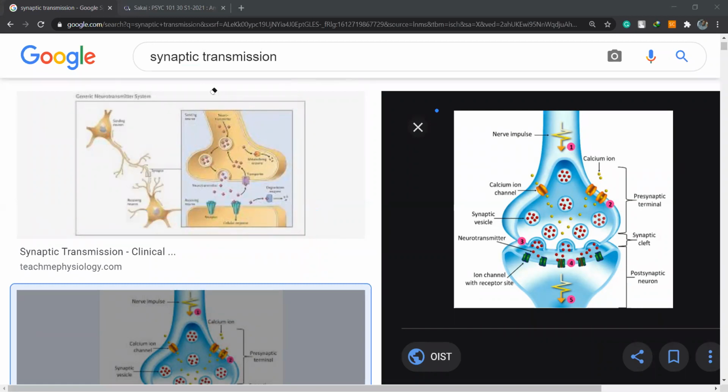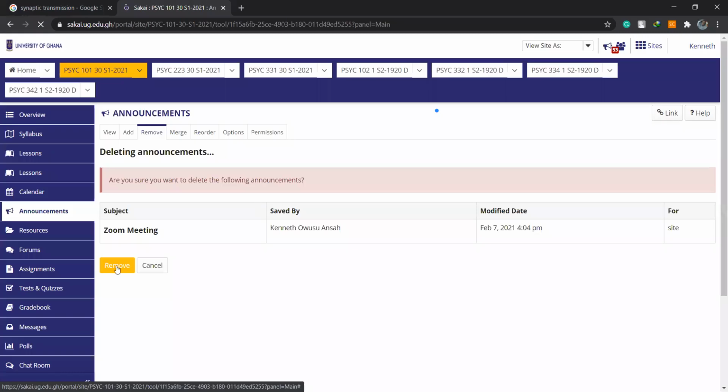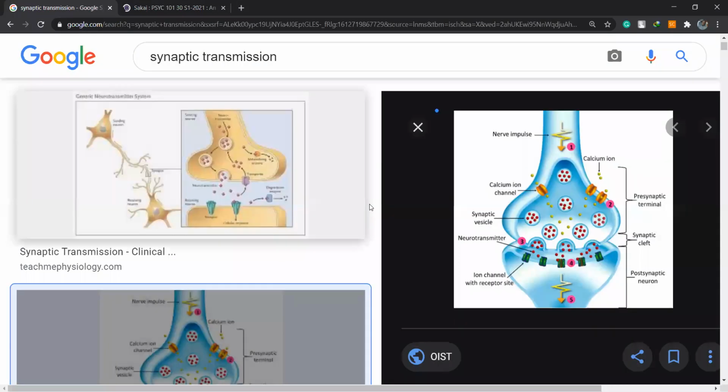So it means whenever there's an action potential taking place, it is transporting a neurotransmitter. The neuron that is causing an action potential is transporting a neurotransmitter. And we have various types of neurotransmitters.